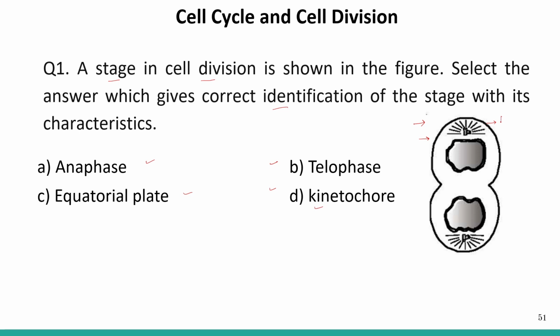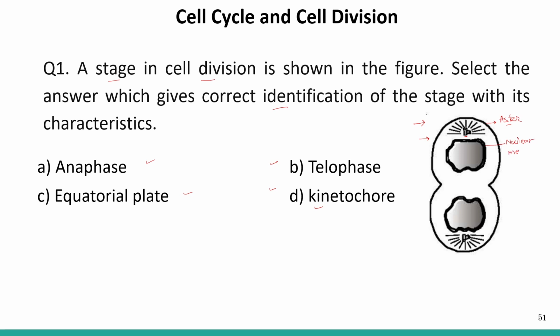You can see here we have the aster. Asters are star-shaped structures consisting of microtubules that arise from the centrosome. This is the nuclear membrane.